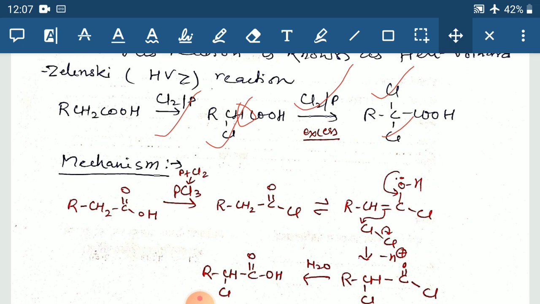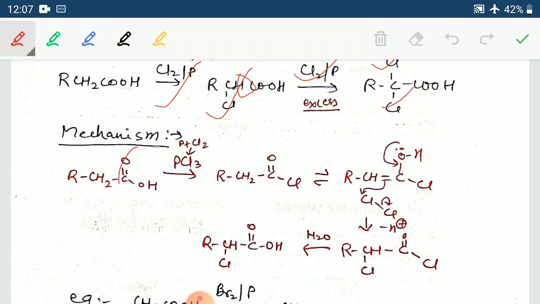First of all, phosphorus and chlorine react together to form trichloride, that is PCl3, and this is the halogenating reagent with which the carboxylic acid can be converted into acid halide. After the conversion to this halide, enolization will occur, that is, this alpha hydrogen will shift to this oxygen, and this is known as enolization.